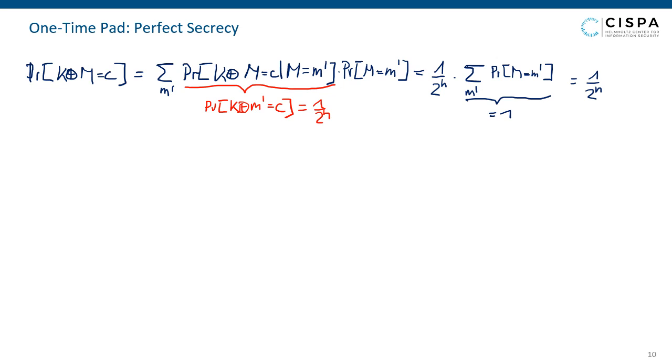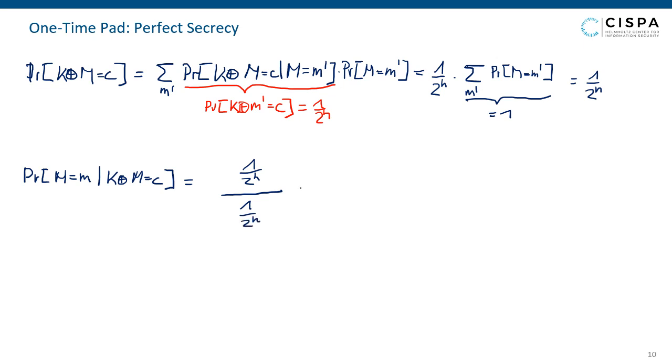So putting things back together, we get that the probability of M equals m conditioned on k XOR m equals c is just, well, 1 over 2 to the n divided by 1 over 2 to the n.